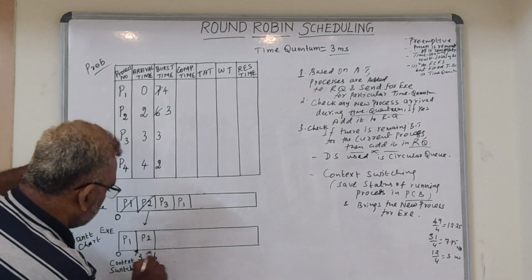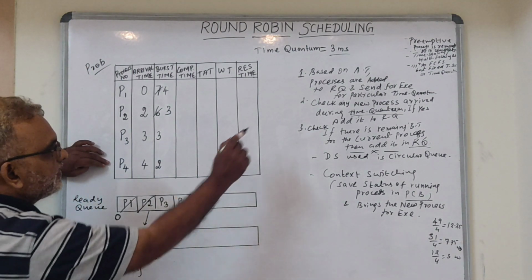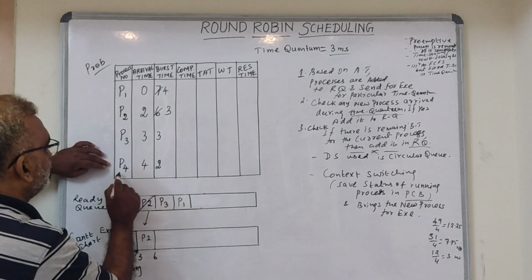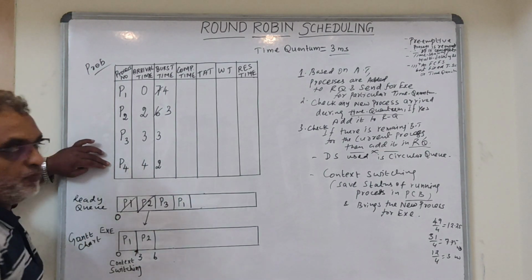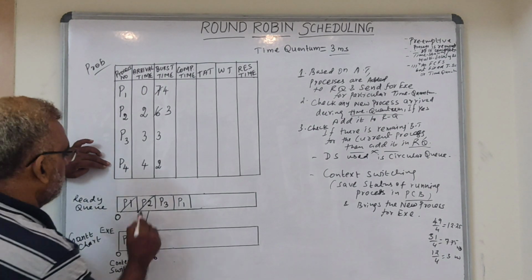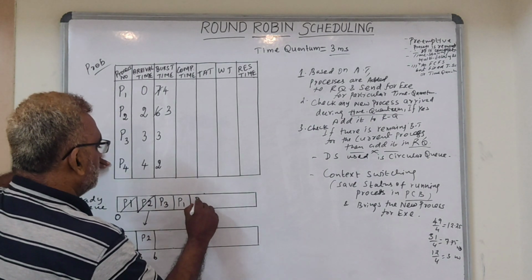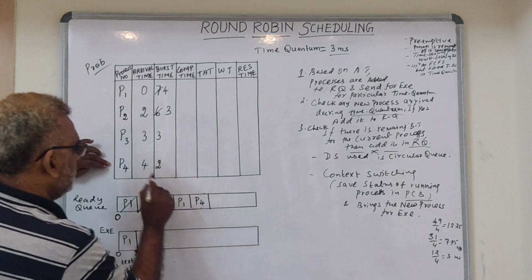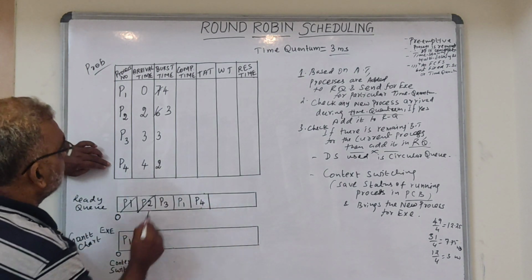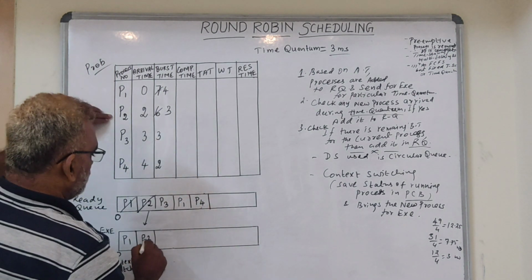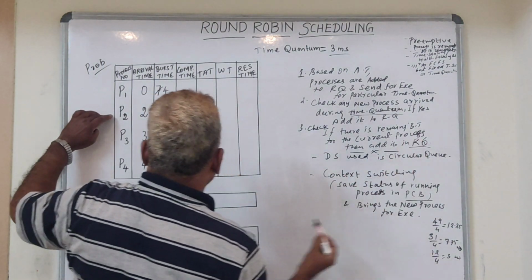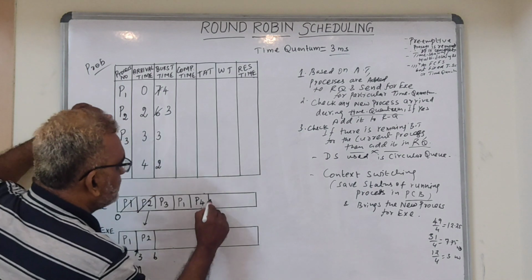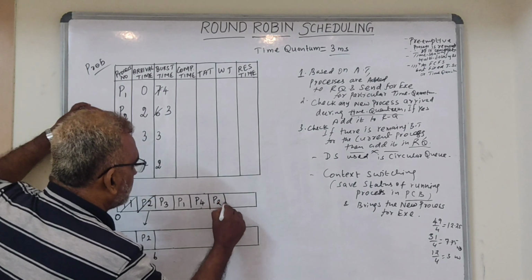But during that time, from 3 to 6, we have to check whether any other process arrived. We can see that process P4 arrived at the 4th millisecond, so it should be added here. But P2 has the remaining burst time, so you have to add P2 in the ready queue.